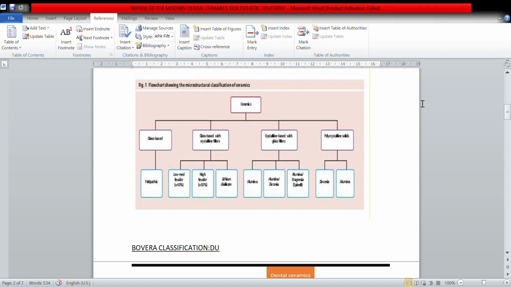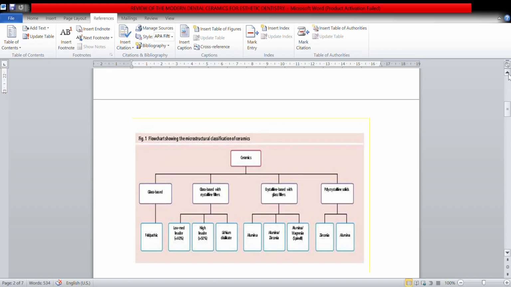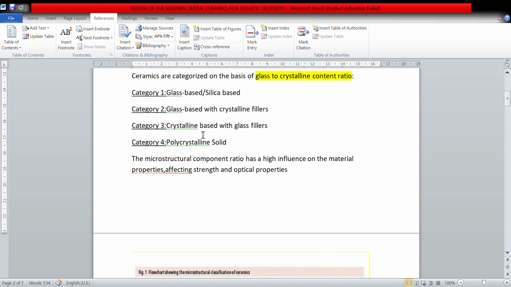Now, the third category based on glass crystalline ratio includes crystalline based with glass fillers, and here you will find aluminium. And the fourth category is polycrystalline solid, in which we will discuss zirconia. So this is the classification based on glass to crystalline content ratio.